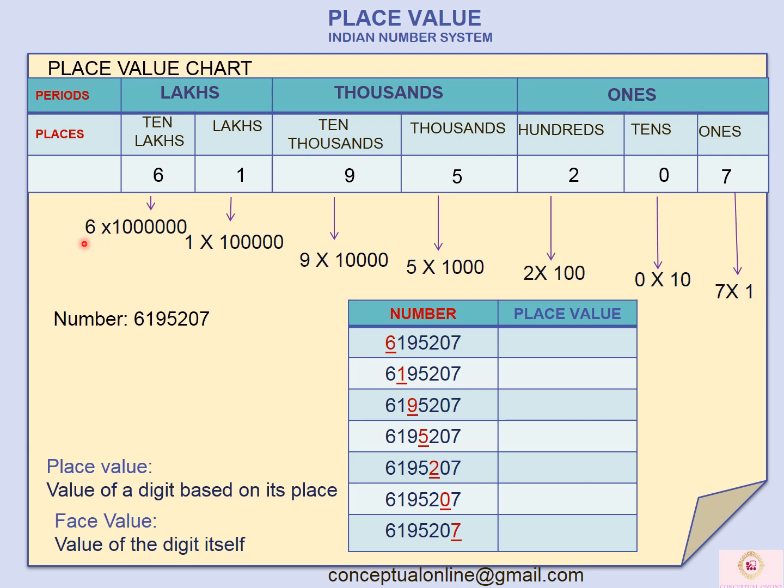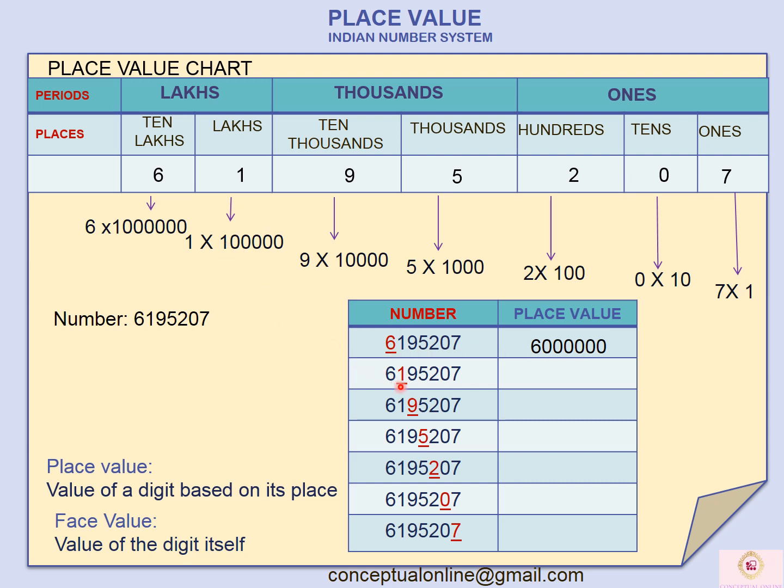In this case, it is 6 followed by as many zeros as there are in the multiplier. So the answer will be 6 into 10 lakhs, 60 lakhs. Place value of 6 is 60 lakhs.